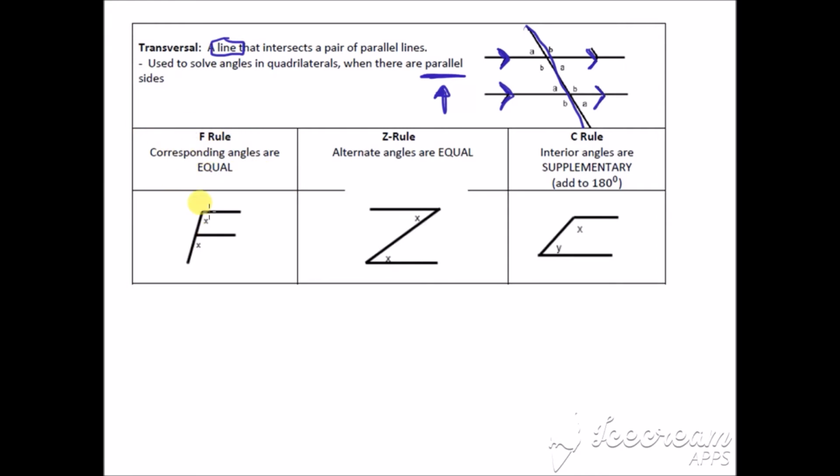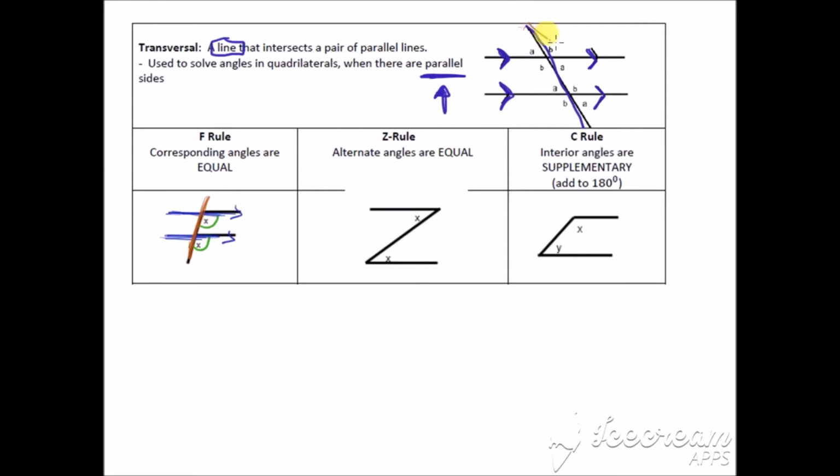So there's the F rule, which is corresponding angles, and these angles are equal. So this angle would be equal to this angle. And just as a little bit of a review, these two lines would be parallel, and I'll do it in red. And this would be the transversal here.